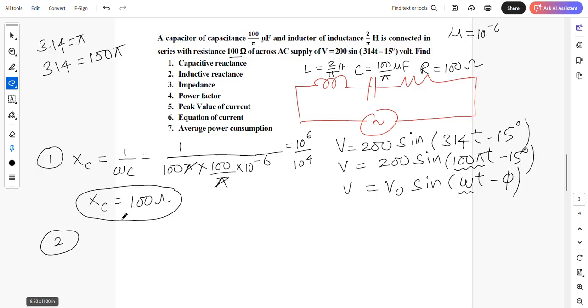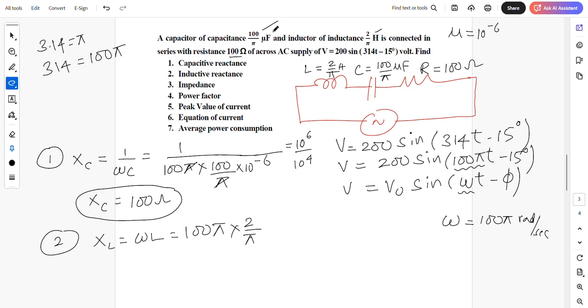Now let us find the inductive reactance. How to calculate XL? XL is equal to omega into L. Omega is equal to 100 pi radian per second. Understood? That is 100 pi into L, where L is given as 2 by pi Henry, not millihenry.